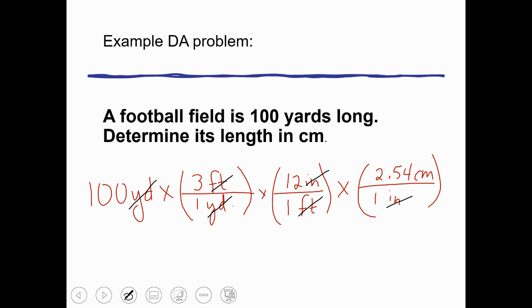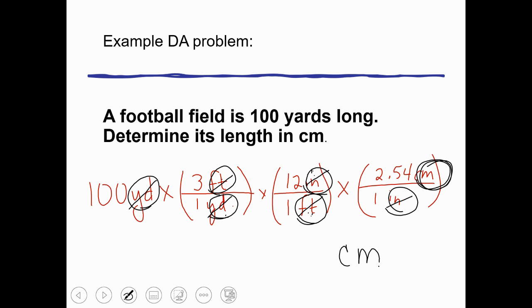Now the key to getting that to happen is that whatever the label is here, you want to put that on the bottom in the next step. And then the bottom and the top of your factor have to be equal. And then whatever the label is on the top, you want to put it on the bottom of the next step and convert into an equal unit. And so on until you get it into the unit that you want, in this case, centimeters.